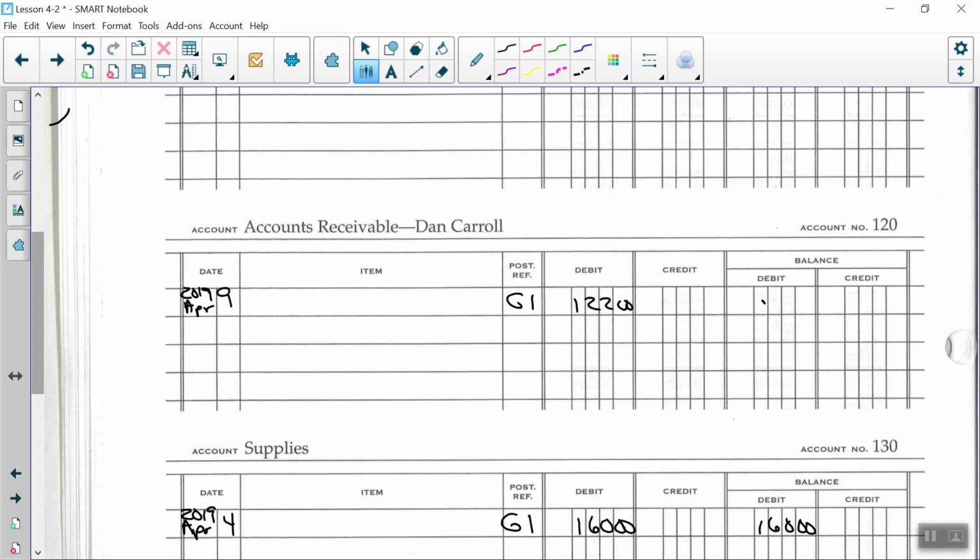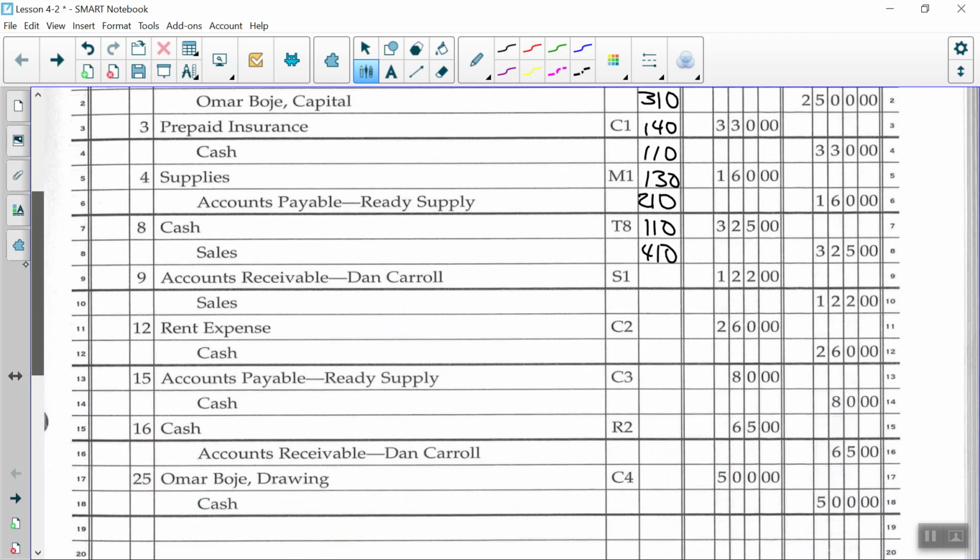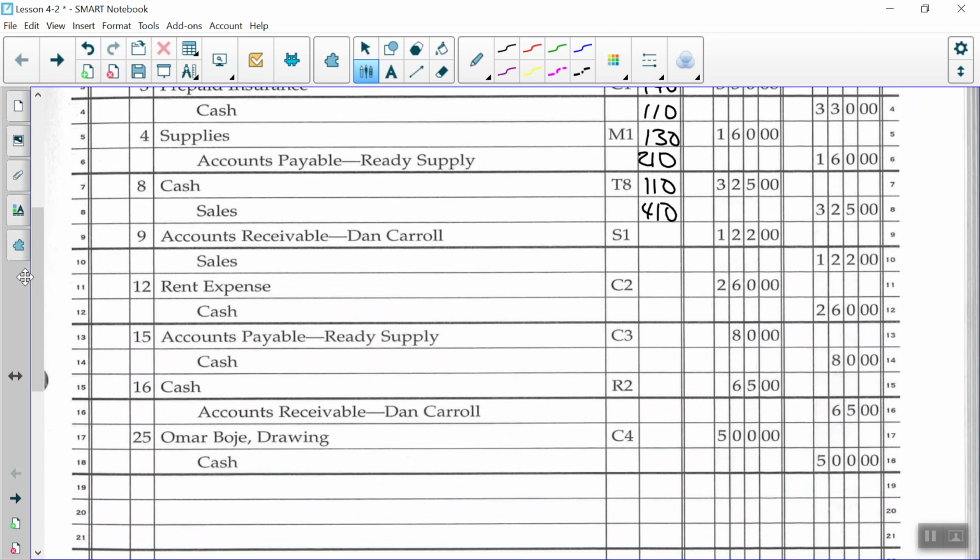And we got a debit balance of 122. Everybody good? Okay. So we go back, find back on line 9, and that's 120.